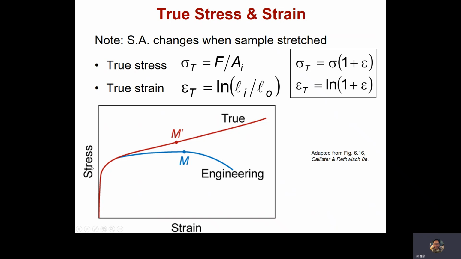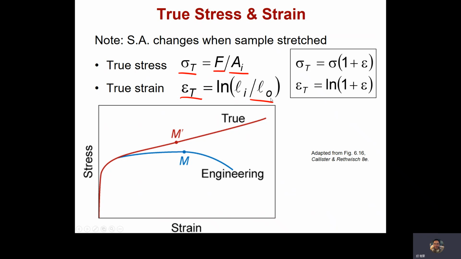However, in the real case, the cross-section area is not a constant. The true stress equals force divided by the instantaneous area, and the true strain equals the natural log of the instantaneous length divided by the original length.